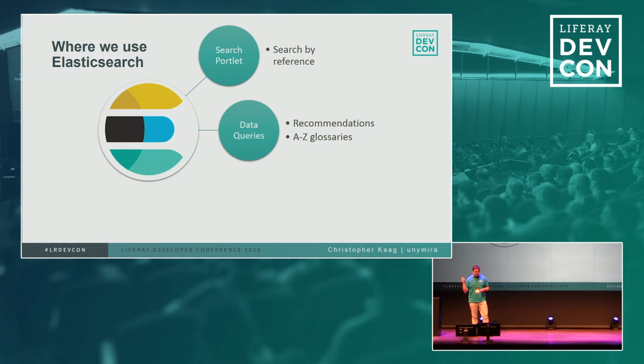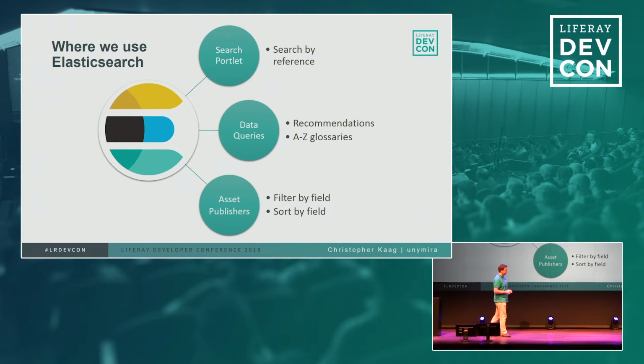And finally, you can customize the Elasticsearch index by introducing new fields. And if you do, the asset publisher has a nice feature, because it is just an Elasticsearch query with a nice front end.